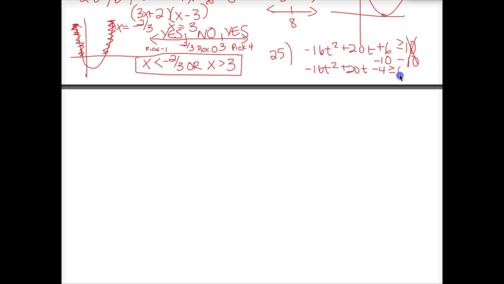You're not allowed to have a negative a in standard form. So I multiplied everything by -1, which changes all of the signs and also flips the symbol. So that is how I came up with that answer on 25.